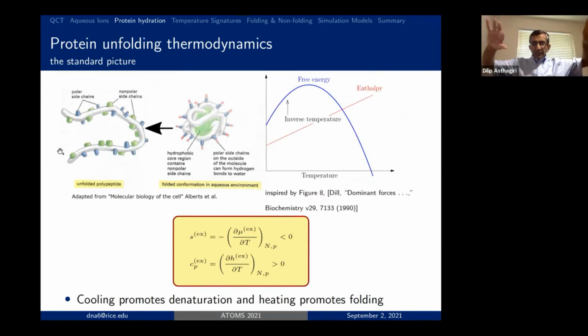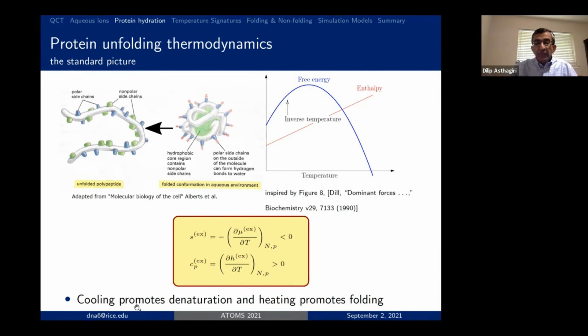We are asked to believe that the hydrophobic groups are obviously in water, and when the protein collapses, all these ordered water molecules are released, and that is what is driving the folding.